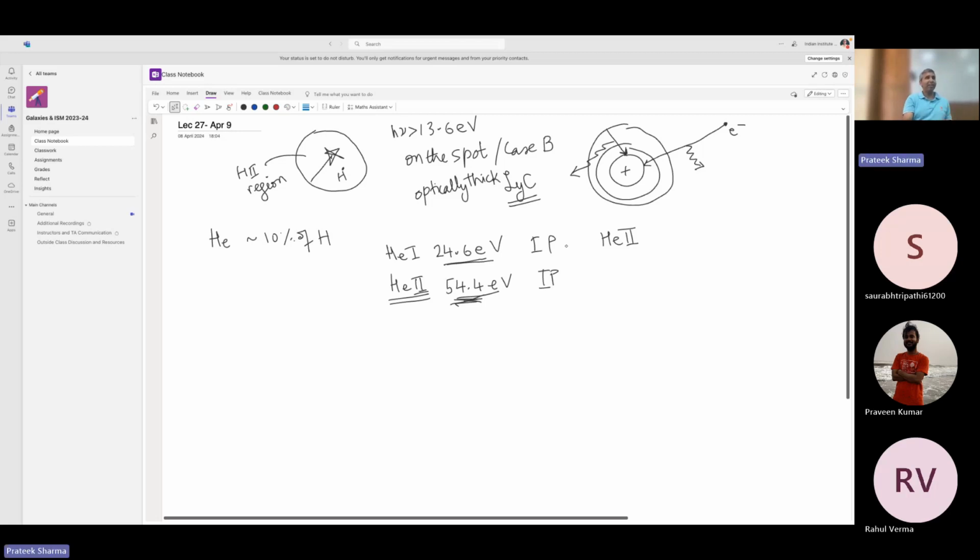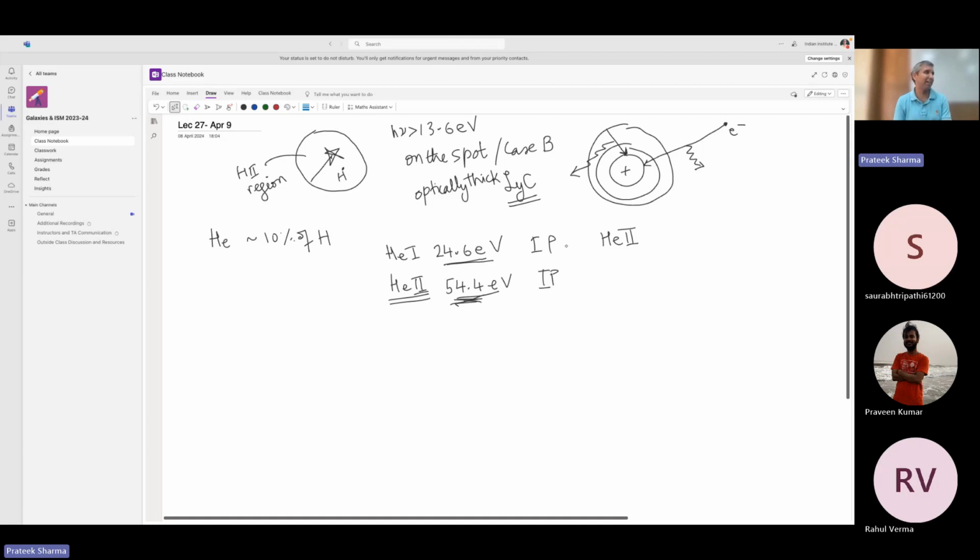But if it is absorbed by hydrogen, it's not the same thing. It's not affecting the population of the ground state of helium, because it's absorbed not by helium but by hydrogen. So you have to be careful when you include hydrogen, helium and other metals.